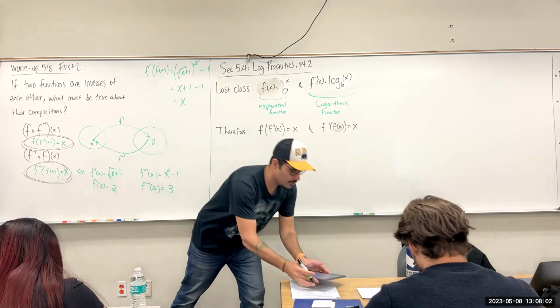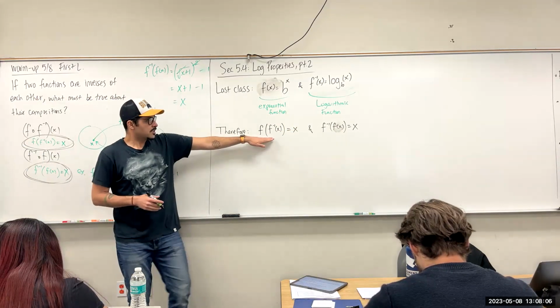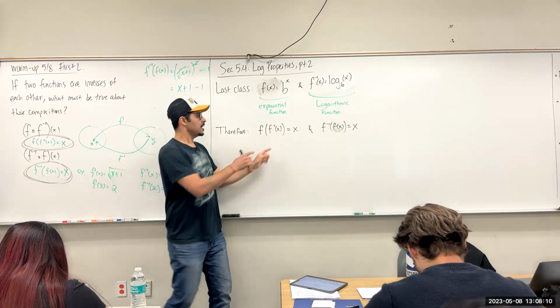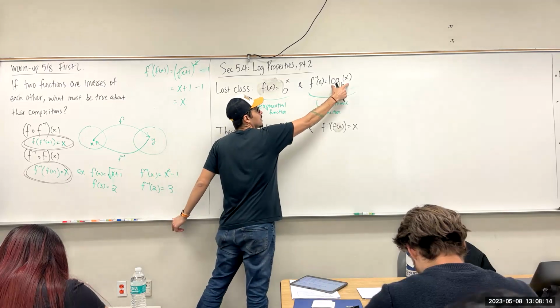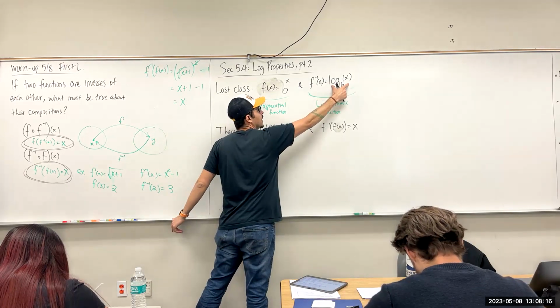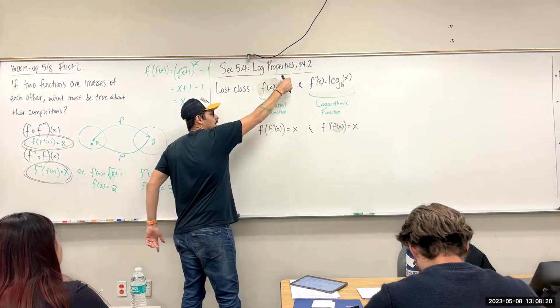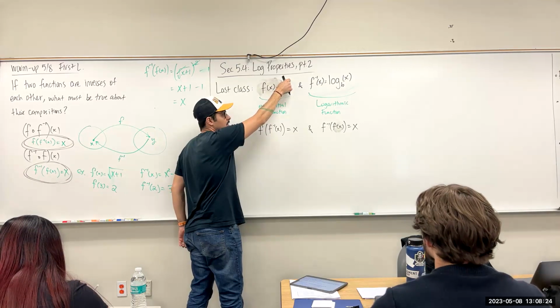Okay, but here, let's do this carefully. We know this has to happen. This composition has to equal x. So what does that mean? That means that the log function is being plugged in where? Into this little x. And that's going to look really weird, okay?